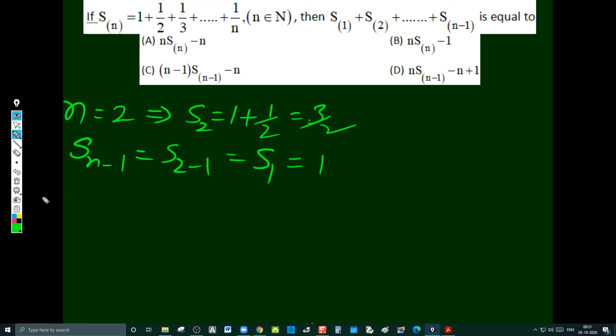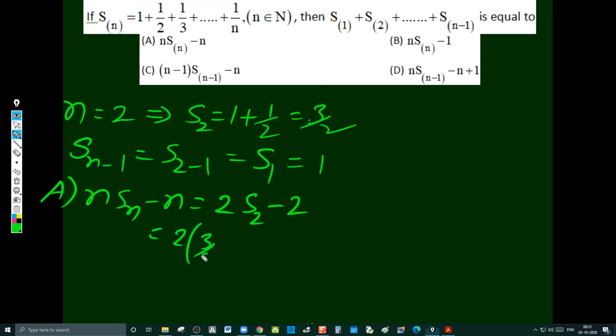Now let us verify. Option A, nSn minus n. What is n here? 2. So S2 is 3 by 2, and 2 into 3 by 2 minus 2 is 3 minus 2, which is 1.